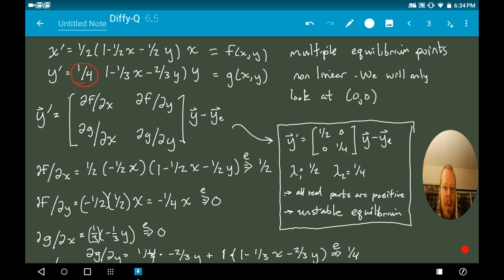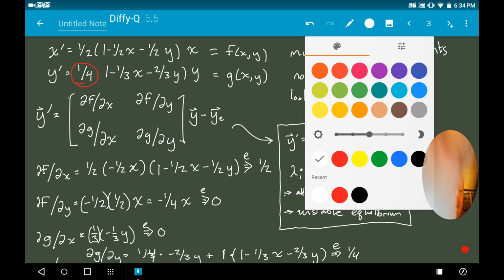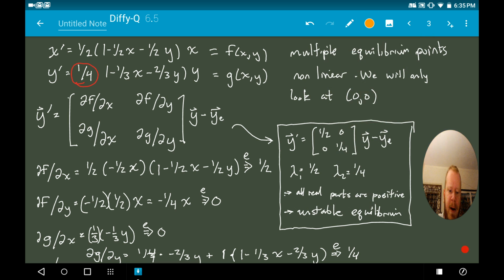I do just want to quickly look at a couple of the other equilibrium solutions, just so you can see how that's different on here. Basically, all that we're going to change, so I'll just draw these parts in orange here, is that we're looking at different equilibrium solutions. So 1, 1 is another equilibrium solution.